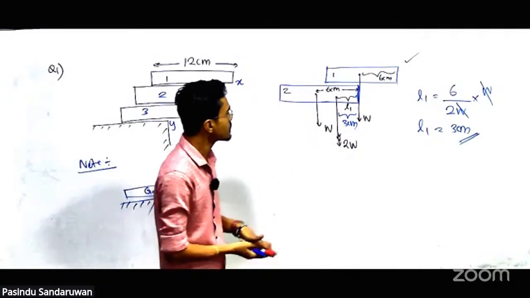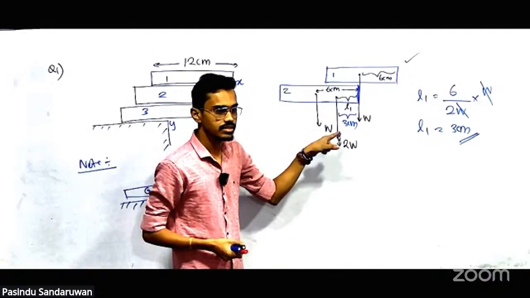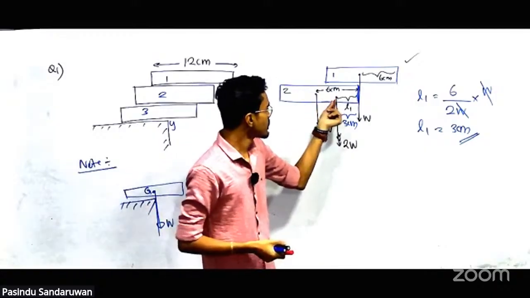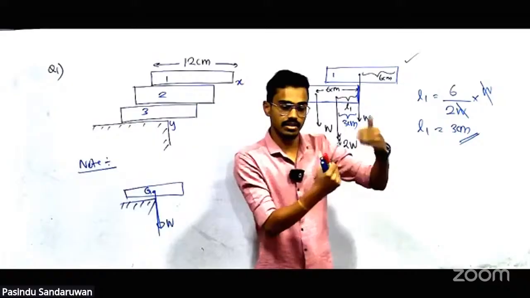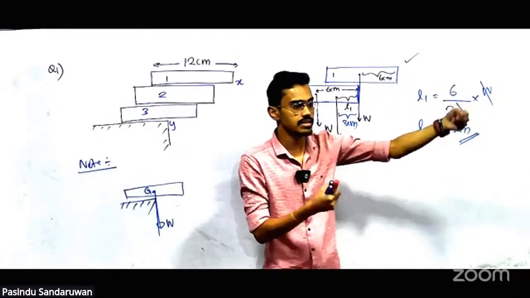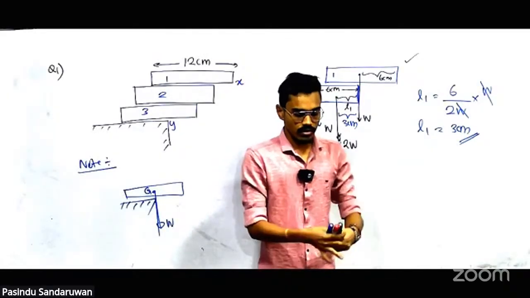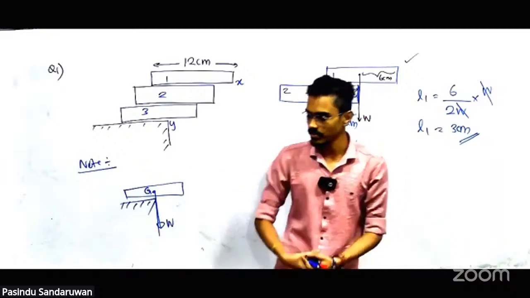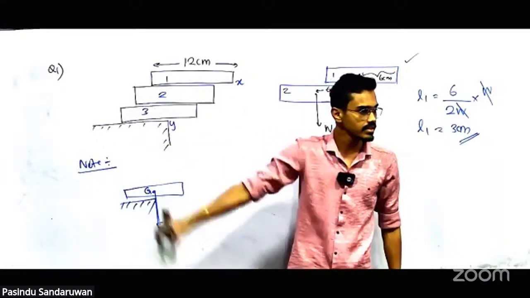Which means when this equals 3 centimeters, the resultant of both of them is here. So this is actually the resultant center of gravity of the second book, because when there is another object on top, mass changes, and when mass changes, its center of gravity changes. Now, when I am holding something in this hand, my center of gravity changes because of this weight.